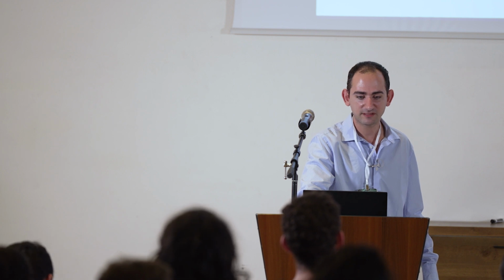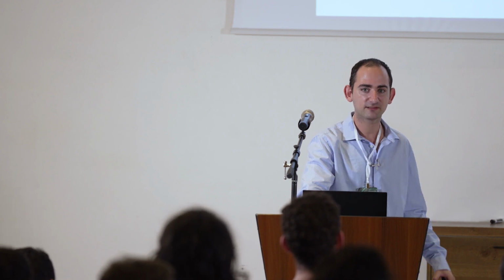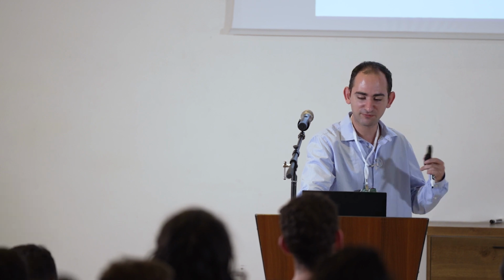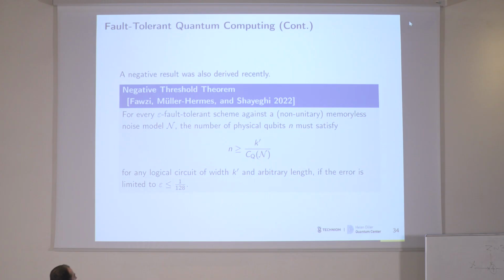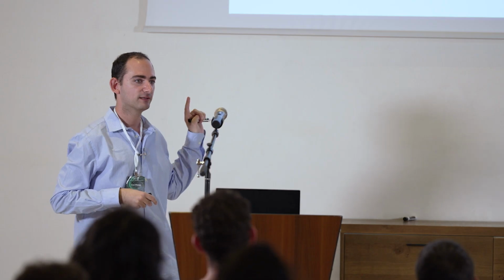What I wanted to say a word about is fault tolerance, which you've seen today, and before that we used quantum error correction for fault tolerance. It turns out that the quantum capacity is also relevant there. It limits the number of logical qubits that you can have. The fraction k prime over n, the number of logical qubits per physical qubit, is bounded by the quantum capacity.